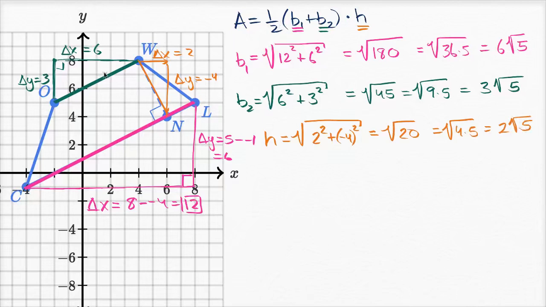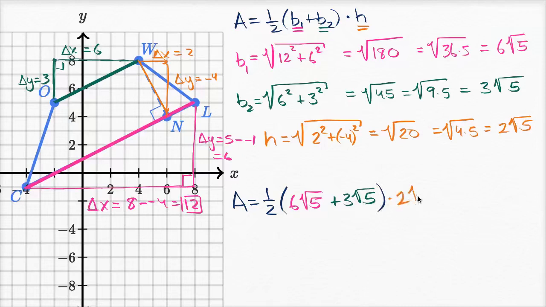And so now we just substitute into our original expression. The area of our trapezoid is going to be 1/2 times the quantity 6 square roots of 5 plus 3 square roots of 5, times 2 square roots of 5.